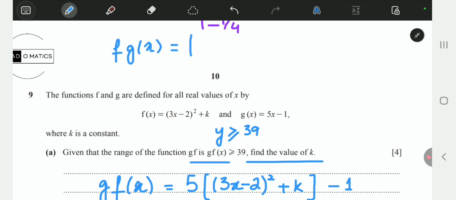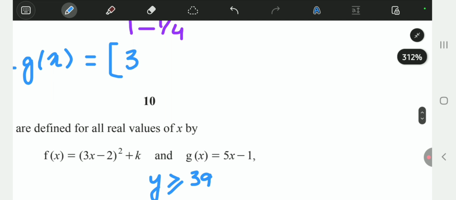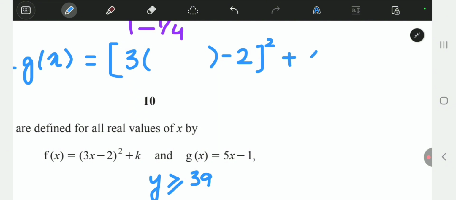So f of x is (3x minus 2) squared plus k. What is k? 8. And in place of x we write g of x, which is 5x minus 1.